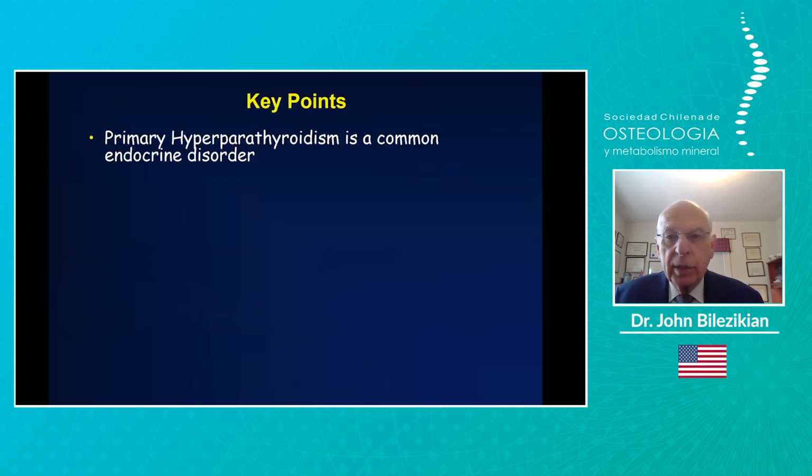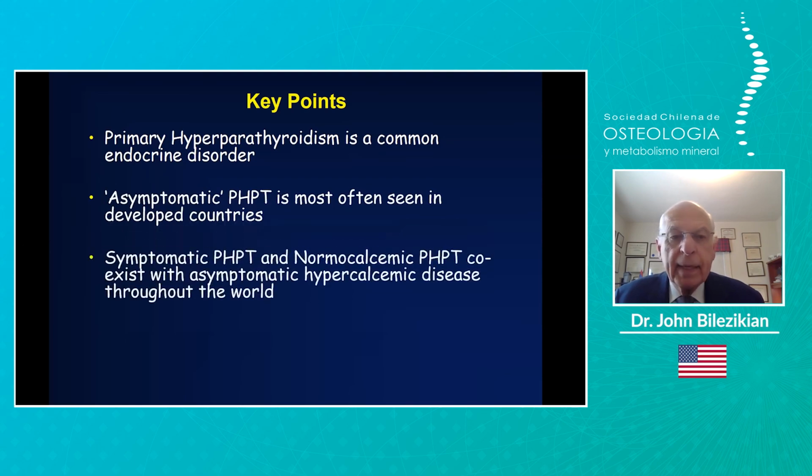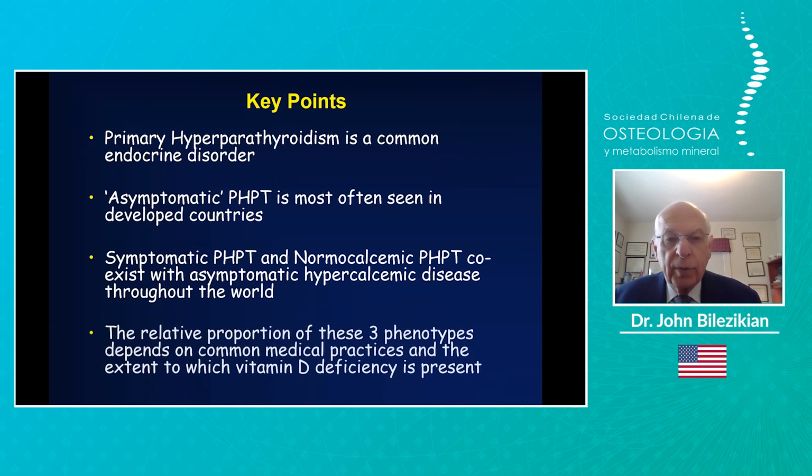So let me conclude. Primary hyperparathyroidism is a common endocrine disorder. Asymptomatic hyperparathyroidism is most often seen in developed countries. Symptomatic hyperparathyroidism and normocalcemic hyperparathyroidism coexist with asymptomatic hypercalcemic disease throughout the world.